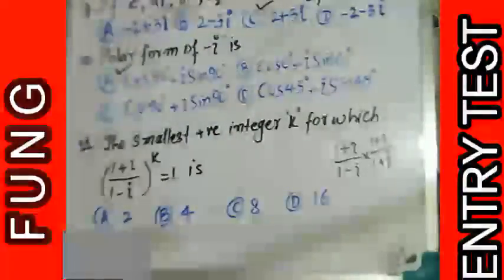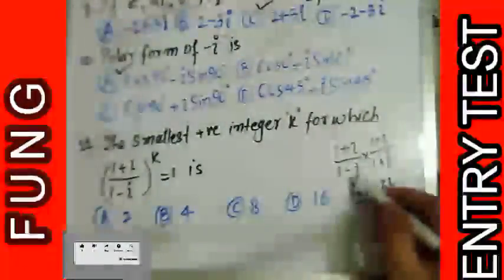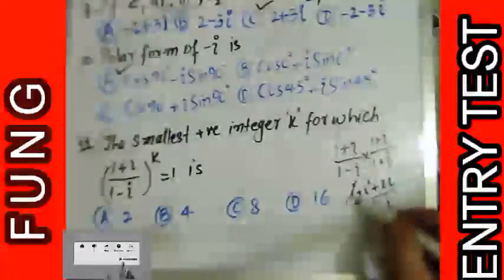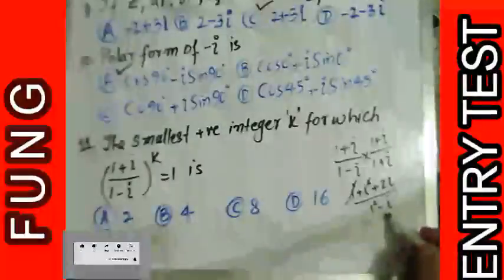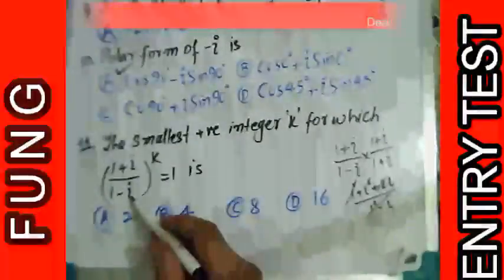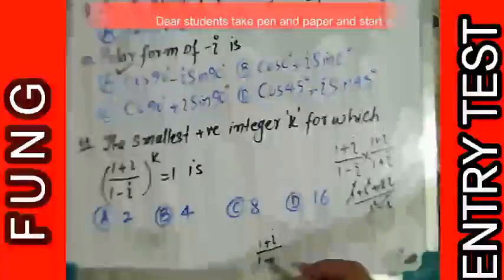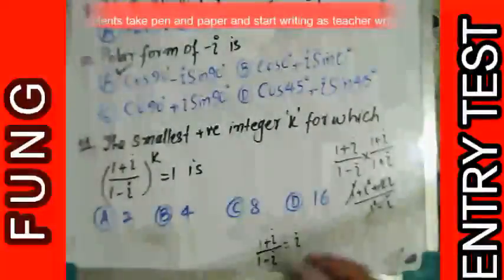The numerator will be a square, expanded as a square plus b square plus 2ab, divided by a plus b times a minus b, which makes a square minus b square. These two cancel, this is plus 1, this is minus 1, cancelled. They will make 2, so this 2 is cancelled by this, only iota is remaining. So 1 plus iota by 1 minus iota is finally equal to iota.